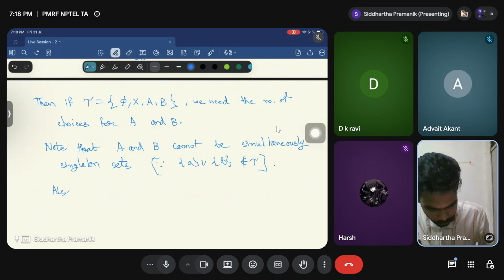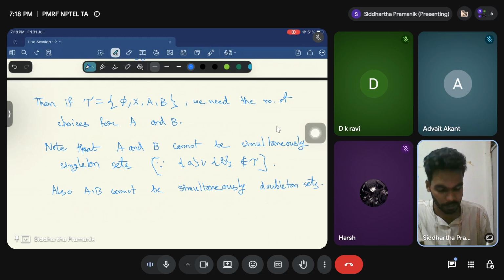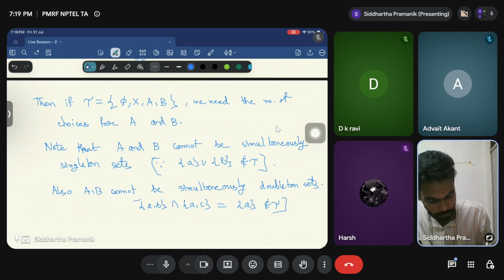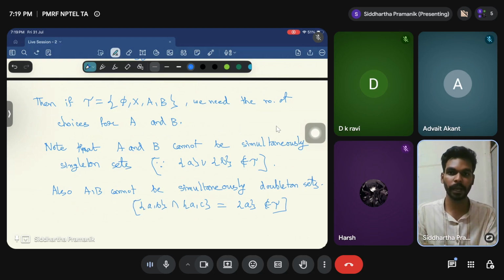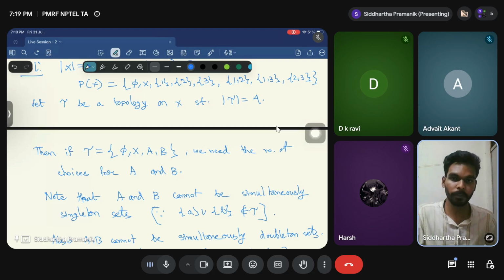Also, A and B cannot be simultaneously doubleton sets, because their intersection will not be in tau; the intersection of AB and AC is always non-empty and is not in tau. So one of them has to be a singleton and one of them has to be a doubleton. But whether all those choices give a topology, we have to check.